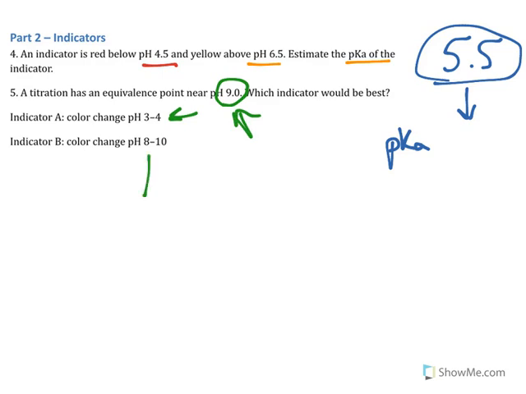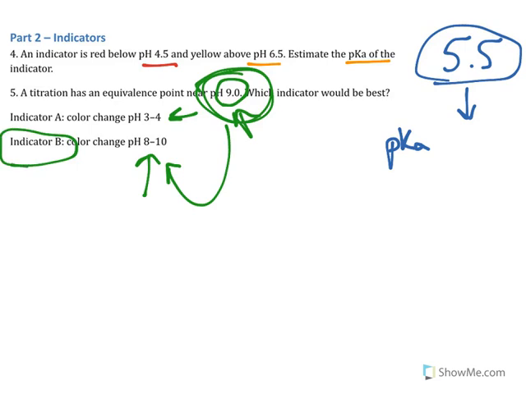But indicator B will change color conveniently between 8 and 10. So the equivalence point of 9 is going to occur within this color change range of the indicator. So indicator B is a much, much better choice for this titration with an equivalence point near a pH of 9.